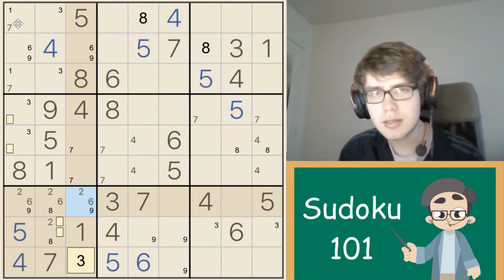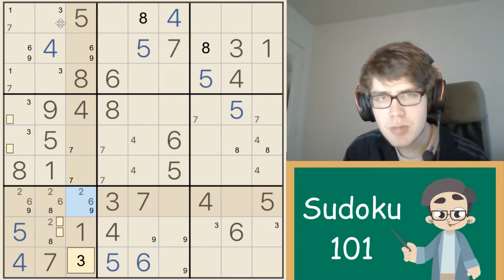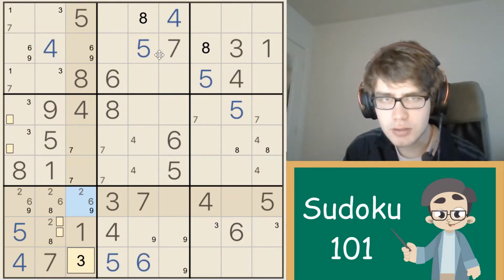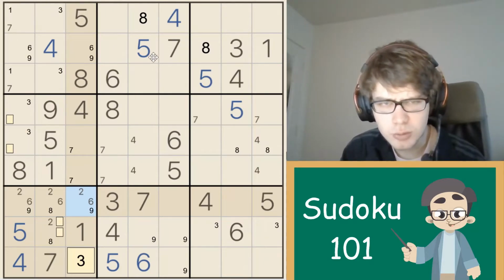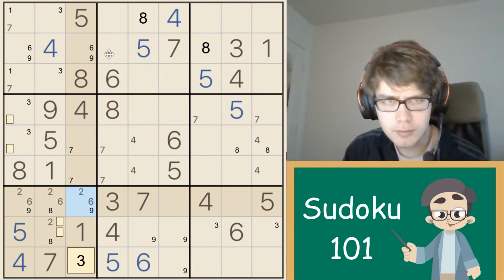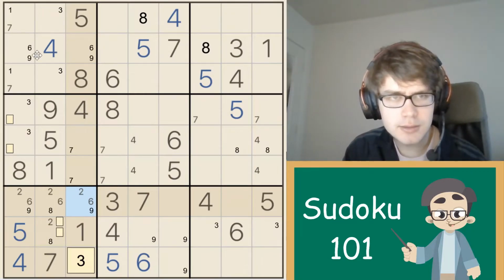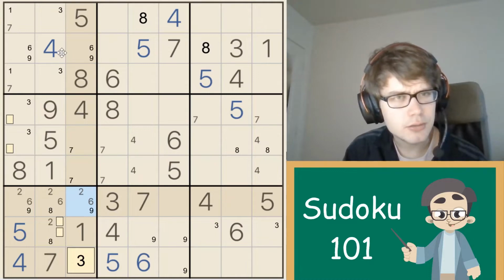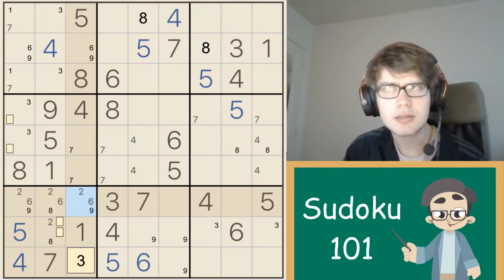So then I asked, what other numbers do we need in this row? We need a 2. That's not going to be enough, it can be anywhere. Then we need a 6. And 6 can only be here or here. And that means that, guess what?